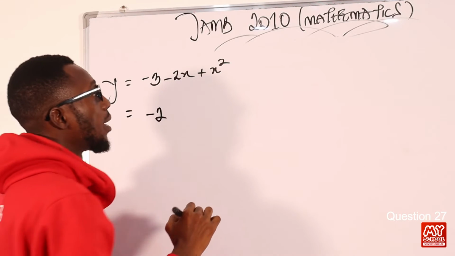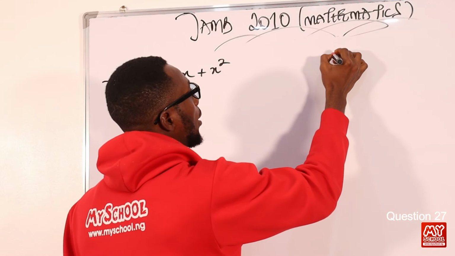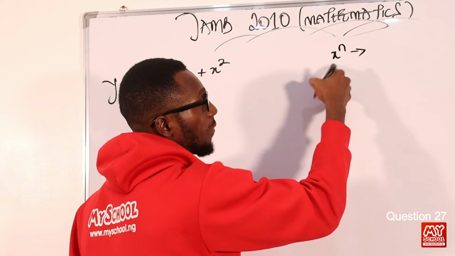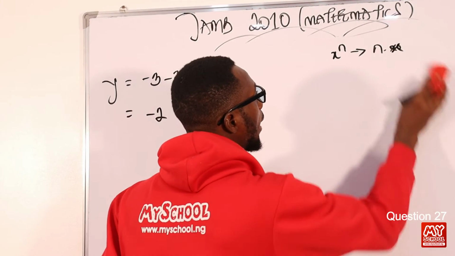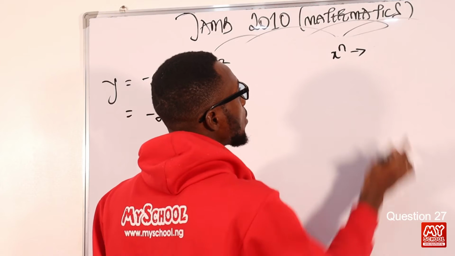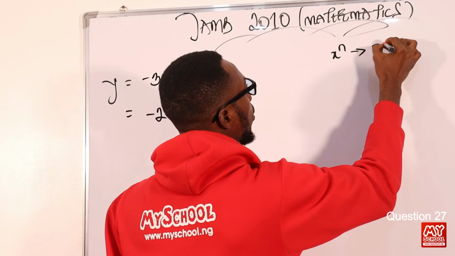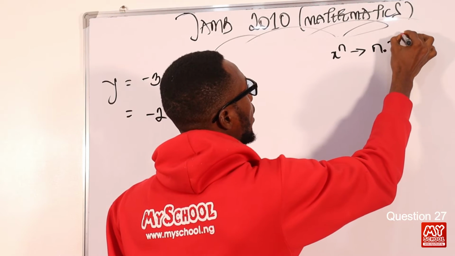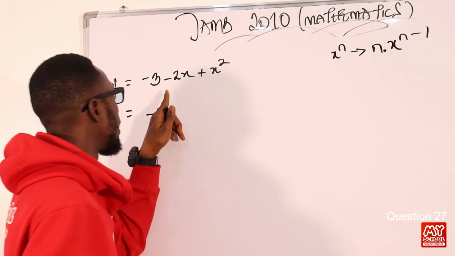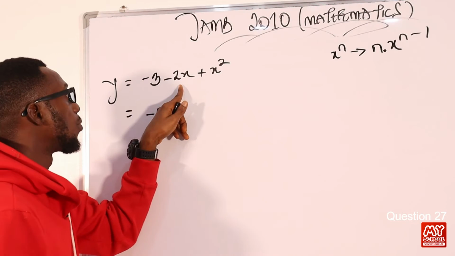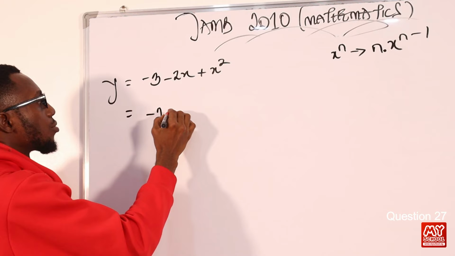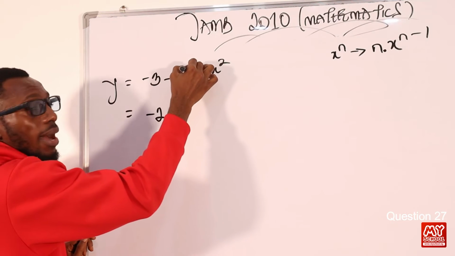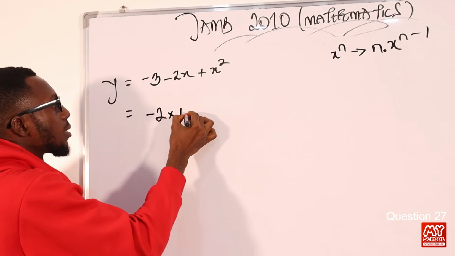Remember your formula for differentiation. If I differentiate, it's going to be n times x, let me put nx so that the times and the letter will not be confusing, then n minus 1. So I have minus 2 times, the power of x here is 1, isn't it?